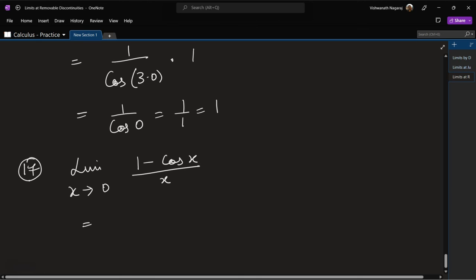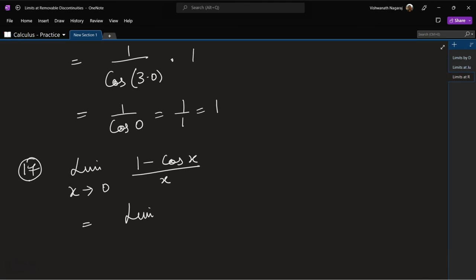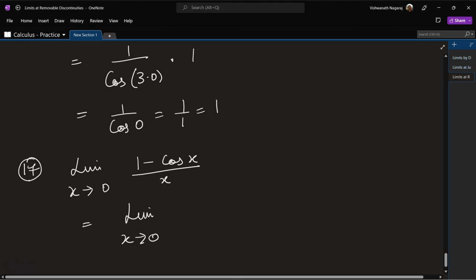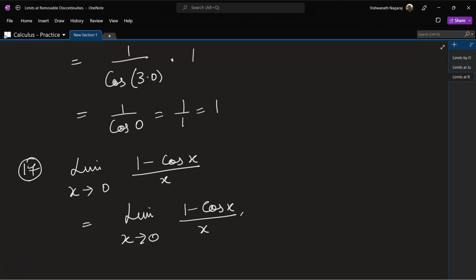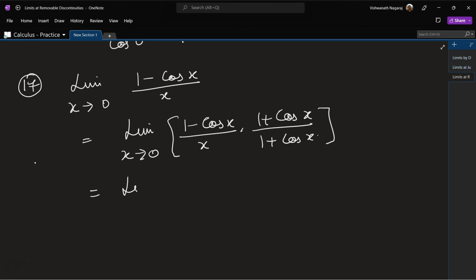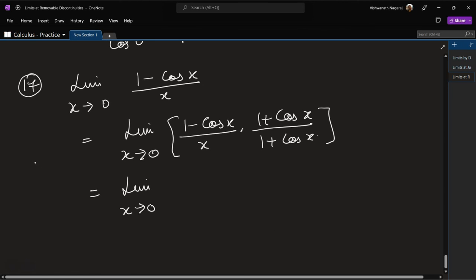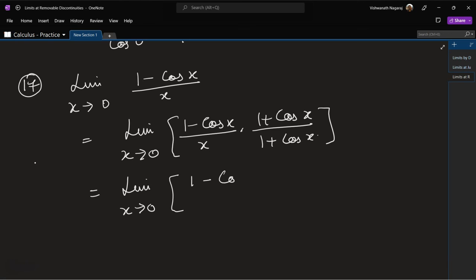Again, denominator 0. So let's rationalize this. Limit as x approaches 0 of 1 minus cos x by x times 1 plus cos x by 1 plus cos x, which is equal to limit as x approaches 0 of 1 minus cos square x by x times 1 plus cos x.